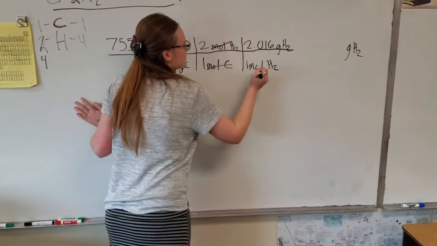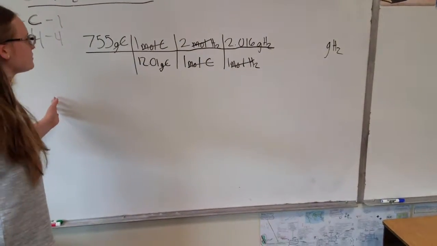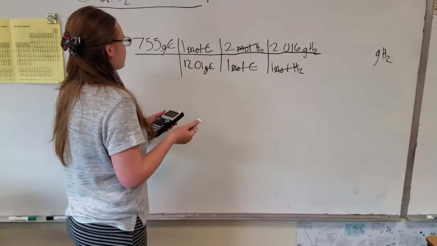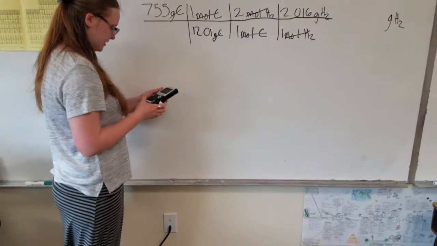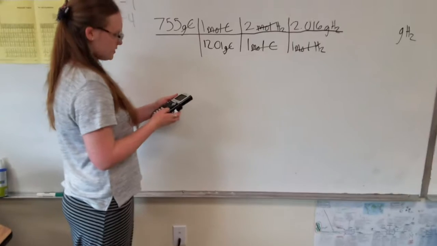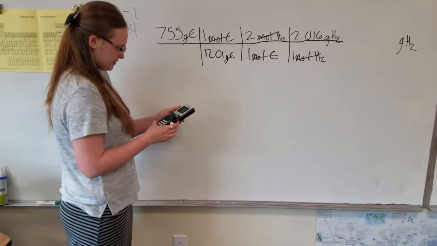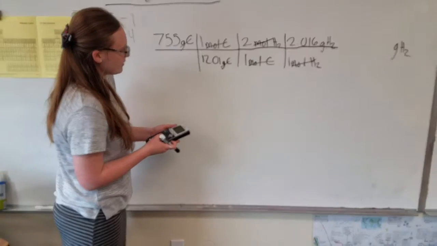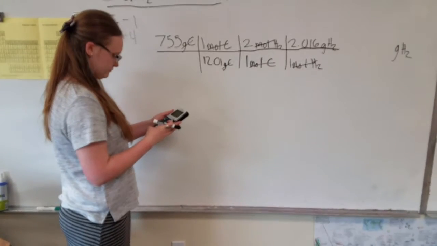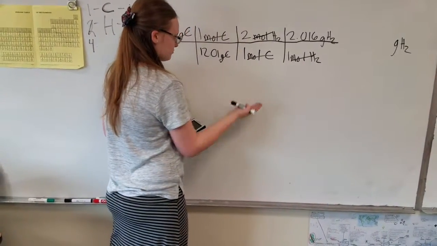Now these two cancel. Okay, now we have to multiply 755 times 2 times 2.016, and then we divide that by 12.01, because 12.01 times 1 times 1 is still 12.01.